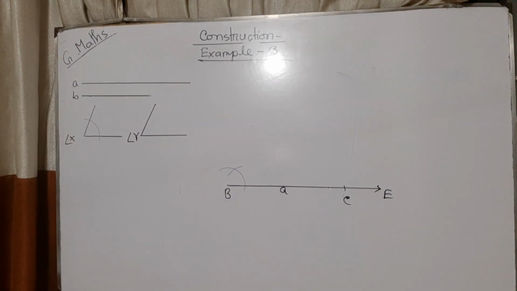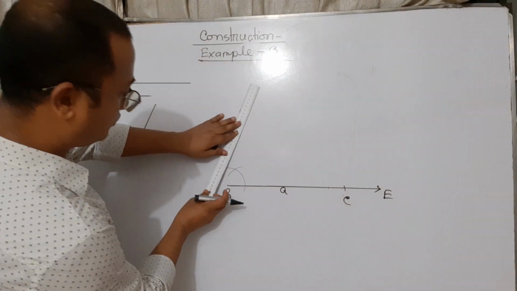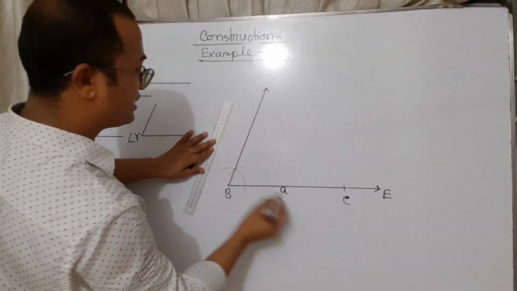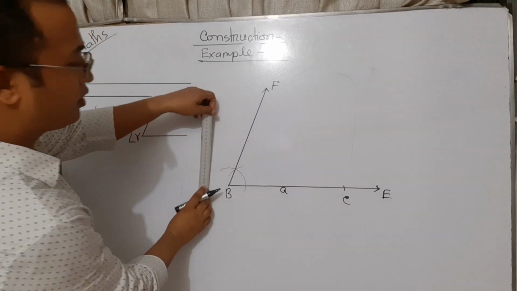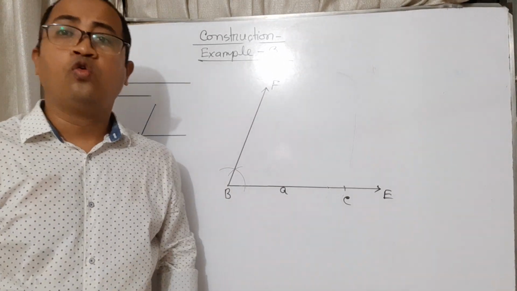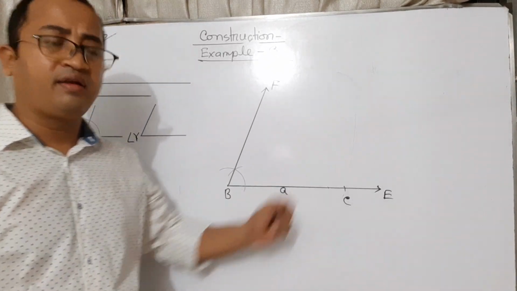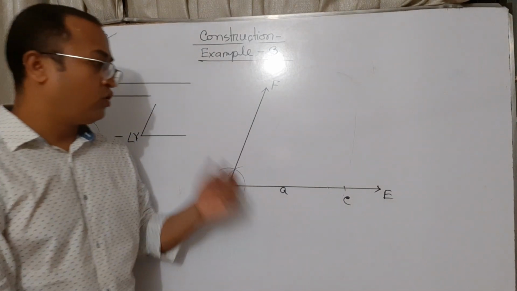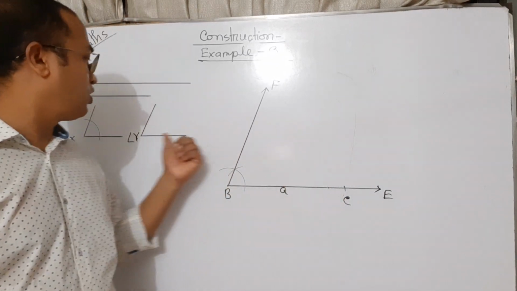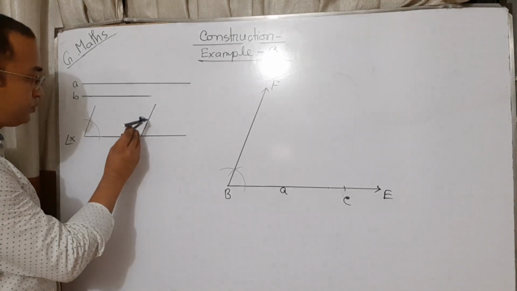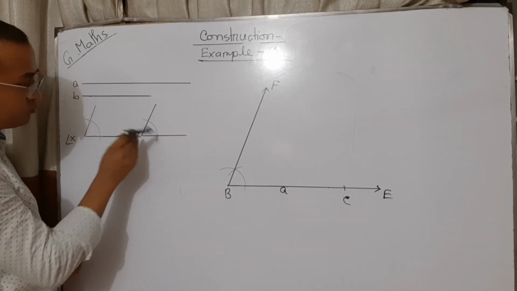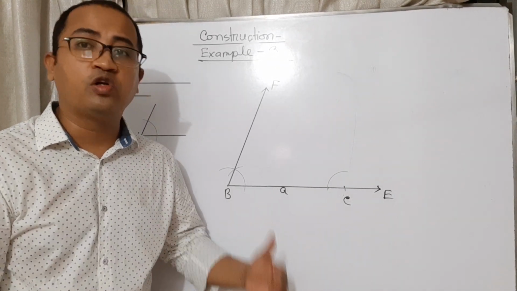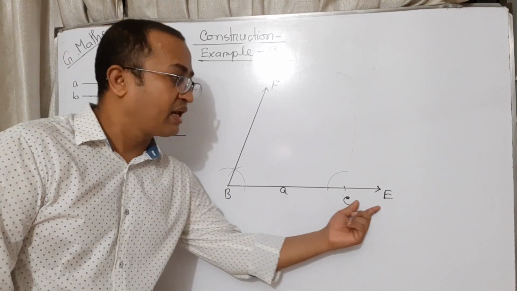Now I join it. This is angle CBF. Now again at the point C, we draw an angle BCG equal to angle Y. Look, on which side will we draw the angle, with the line BC or with the ray CE?